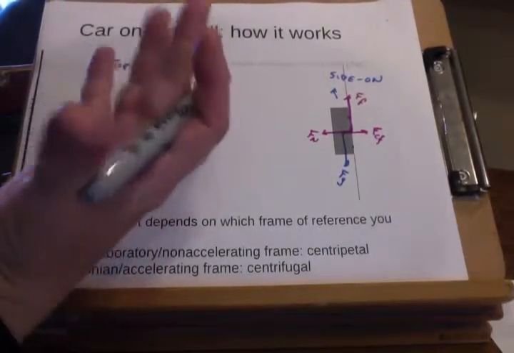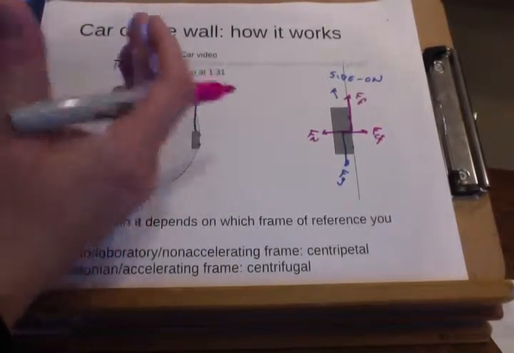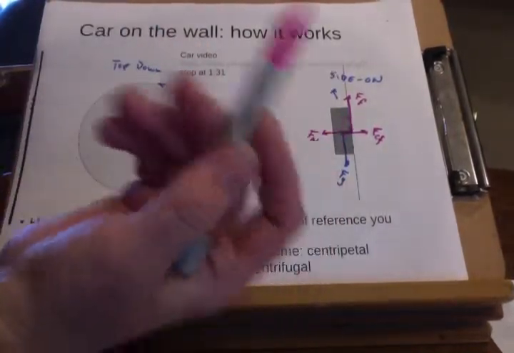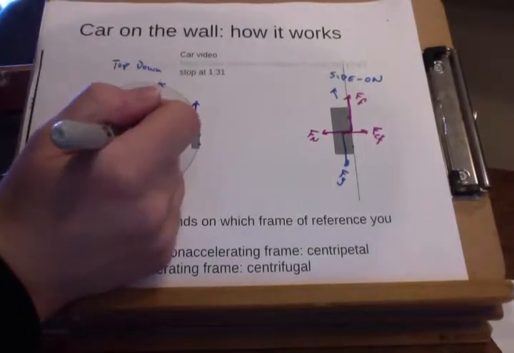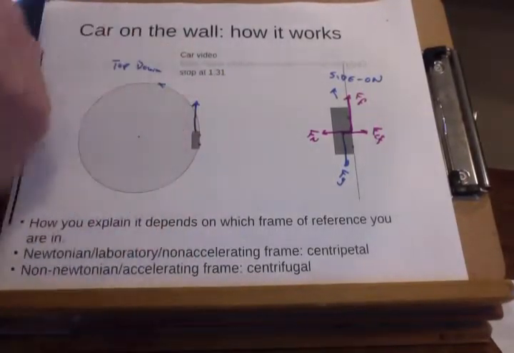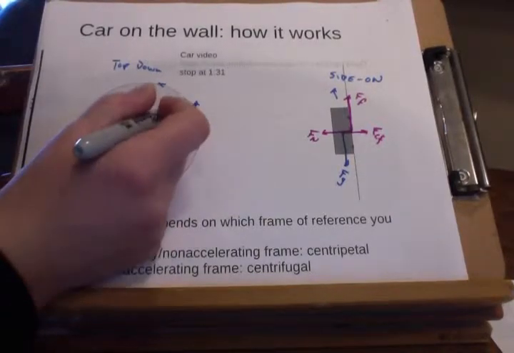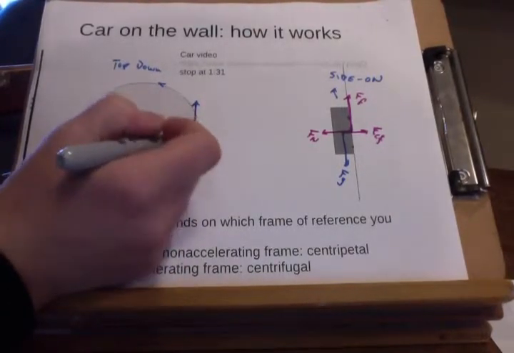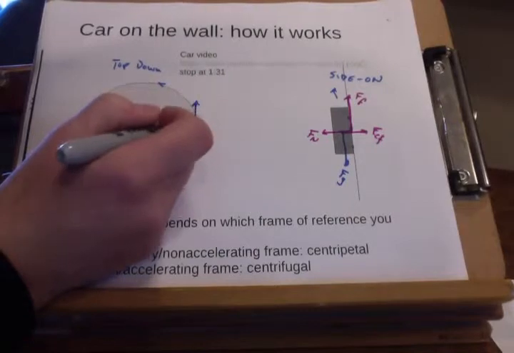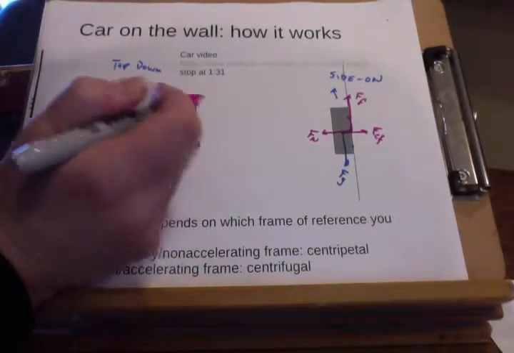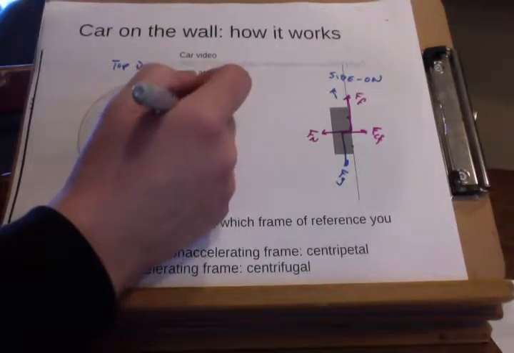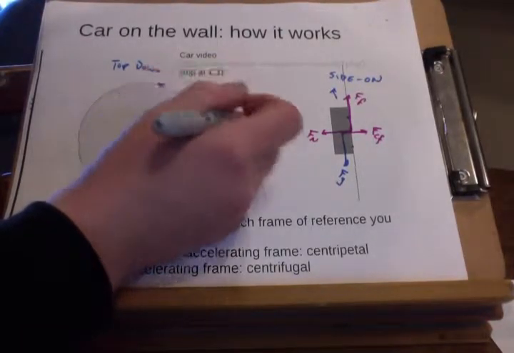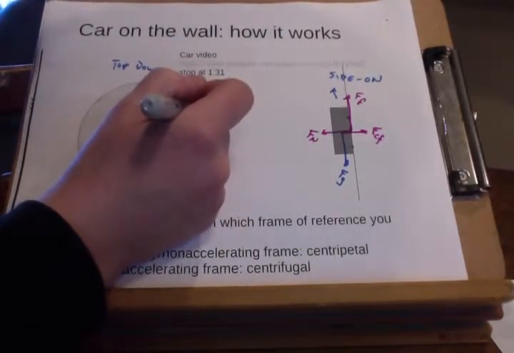But I'm drawing it big because my pen's only so small, and the camera is only able to see so much. So, as my car is attempting to move in a straight line forward, it finds that at a certain point it can't. It collides with the wall of the arena.